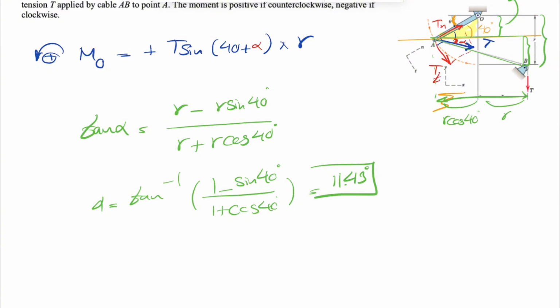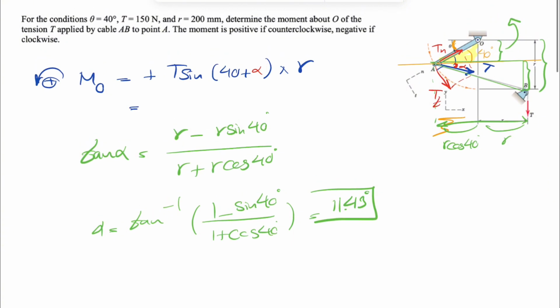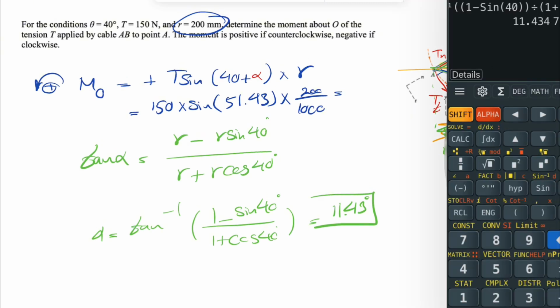For finding the moment, we basically have our T, which is 150 Newton, times sine of 40 plus 11.43, which is 51.43, times R. Our R is in millimeters, so we're going to divide it by 1,000 in order to get it in meters. And that's going to give us the final answer.